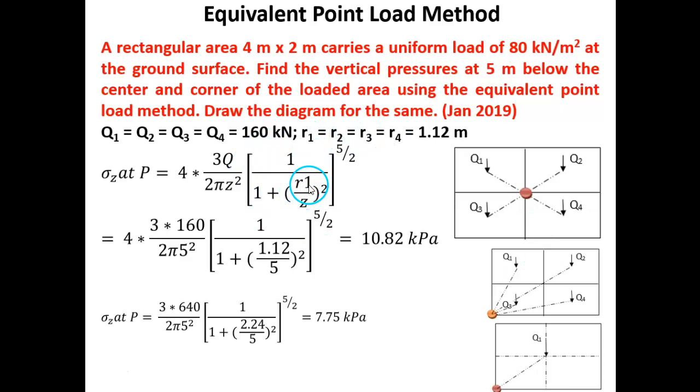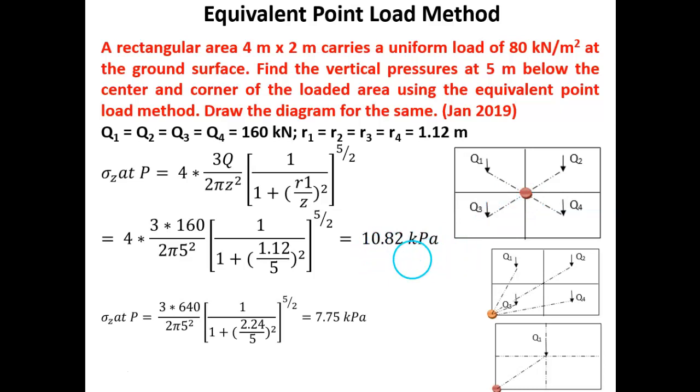R1 equal to R2 equal to R3 equal to R4 equal to 1.12 meter. So if you substitute 1.12 meter in this equation, we will be getting the vertical stress due to one point load, and when you multiply with 4, you will be getting the total increase in stress at point P, which is coming as 10.82 kilonewton per meter square.